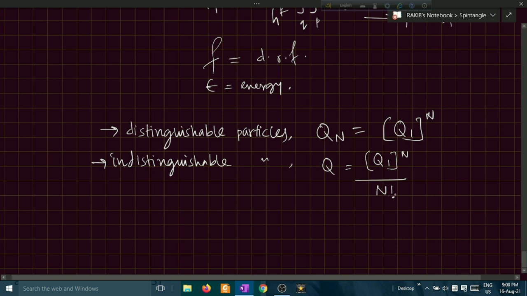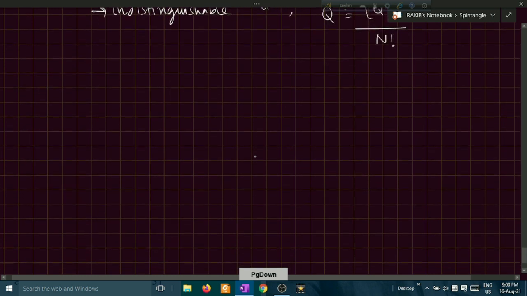So this is all about the canonical distribution function and various formulas related to it. You have to remember three things. I am making a conclusion of this. First, the partition function.